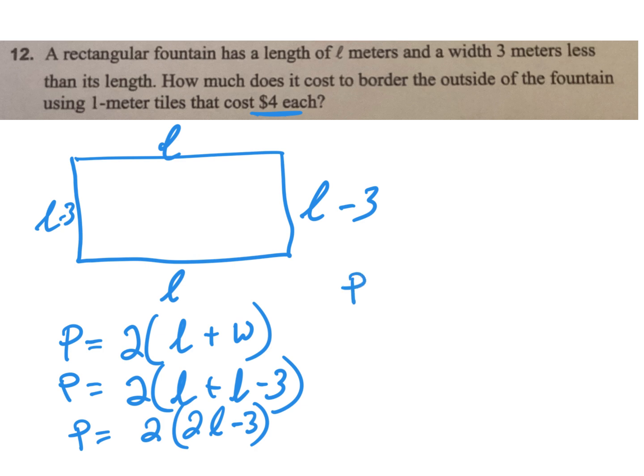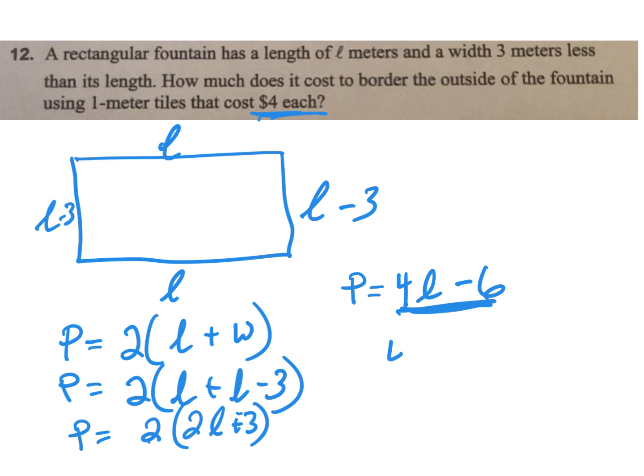Now I'm going to use the distributive property. 2 times 2L gets me 4L. And 2 times, well, I could add the opposite, 2 times a negative 3 is a negative 6. All right, so this is my perimeter right here, but it's saying tiles cost $4 each.